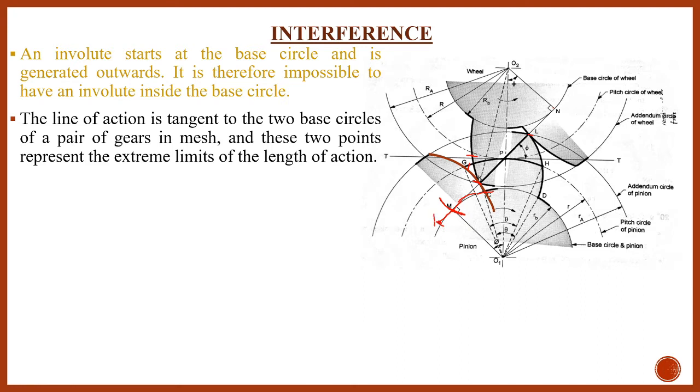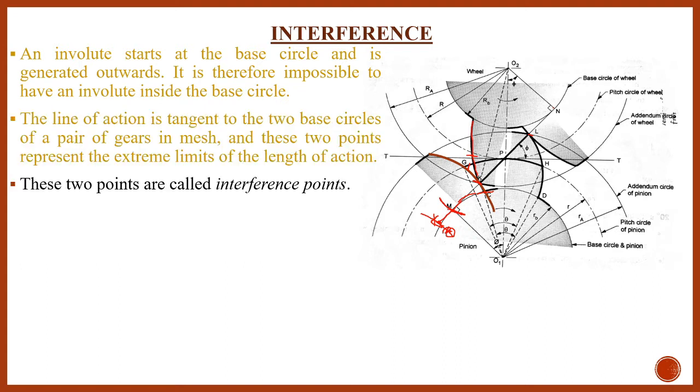But if we extend this limit, and the point K gets started over here, this profile will every time be the involute profile, but in this case it comes in contact with the non-involute profile which is just below the base circle. Here you have to increase the addendum circle radius of this wheel, and at this location the involute profile of this comes in contact with the non-involute profile of this gear, which causes the interference.